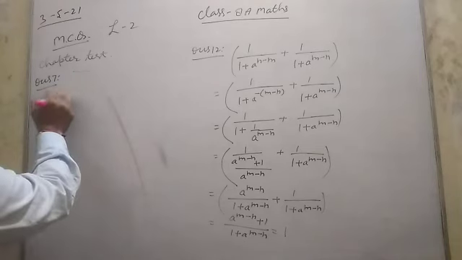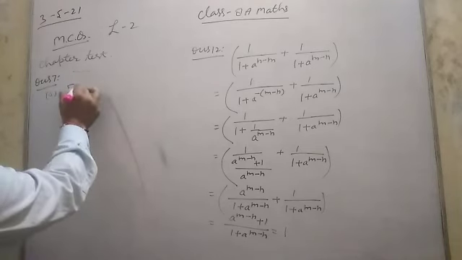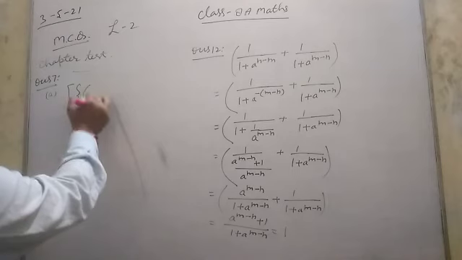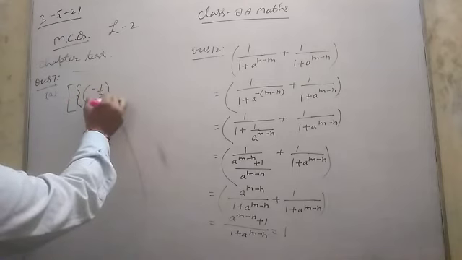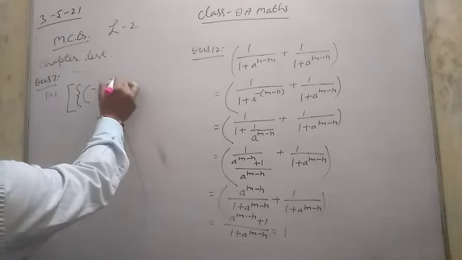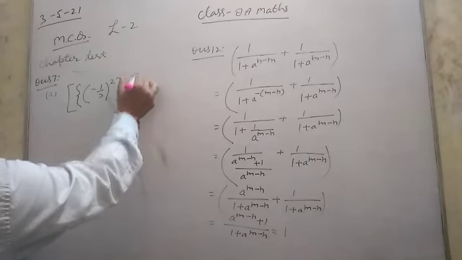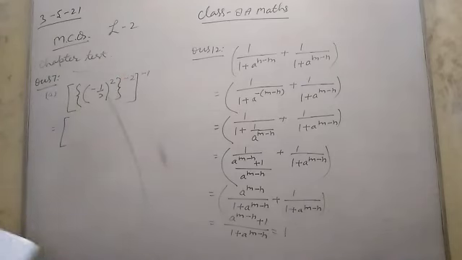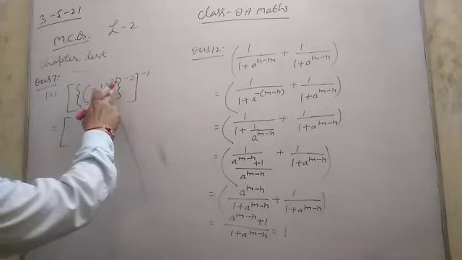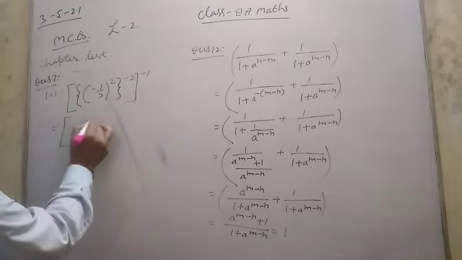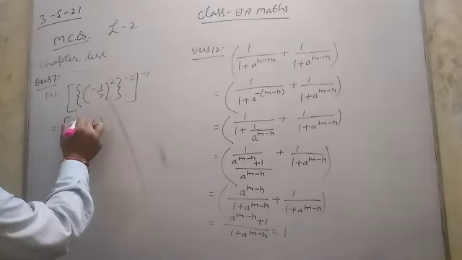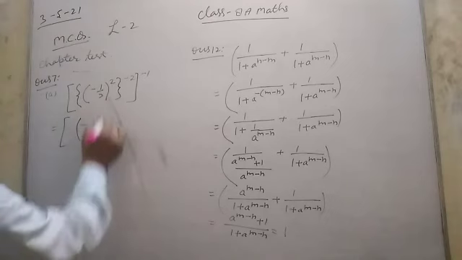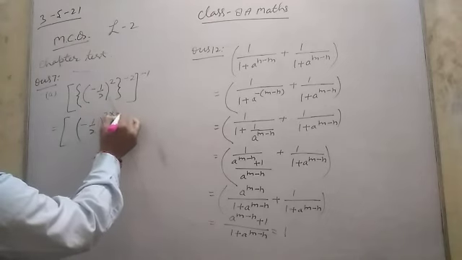Simplify minus 1 by 2 square power minus 2 power minus 2. So first simplify the inner bracket, power to the power. So minus 1, power 2 into minus 2.